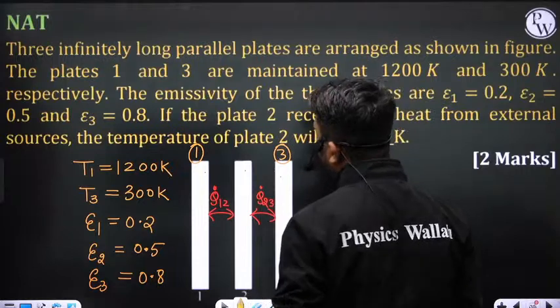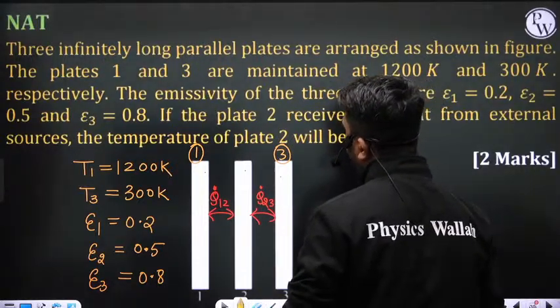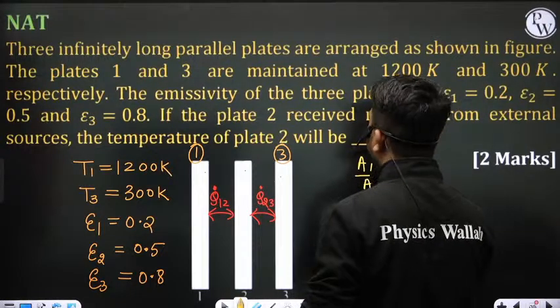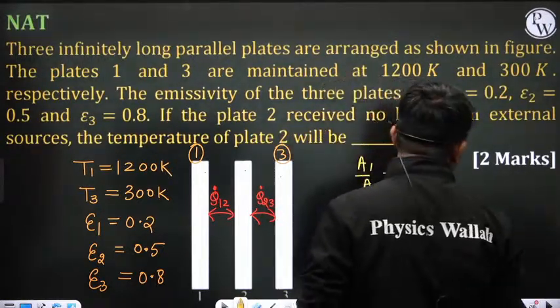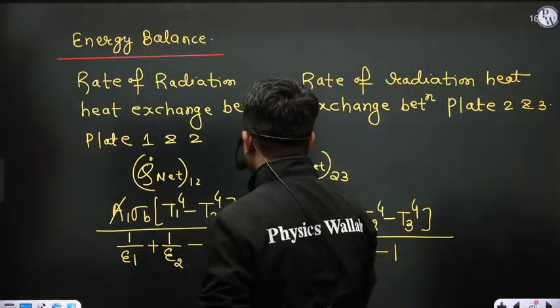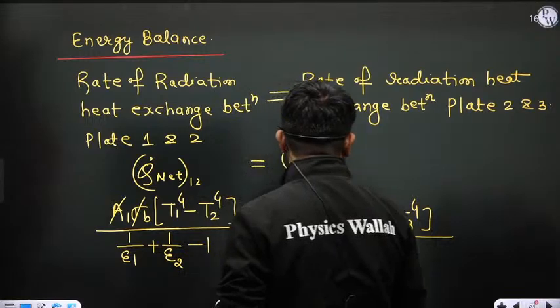What is A1 by A2? That is equal to 1, right? The plates are infinitely long parallel plates, it is given in the problem. So A1, A2 cancel out, sigma B cancels out.